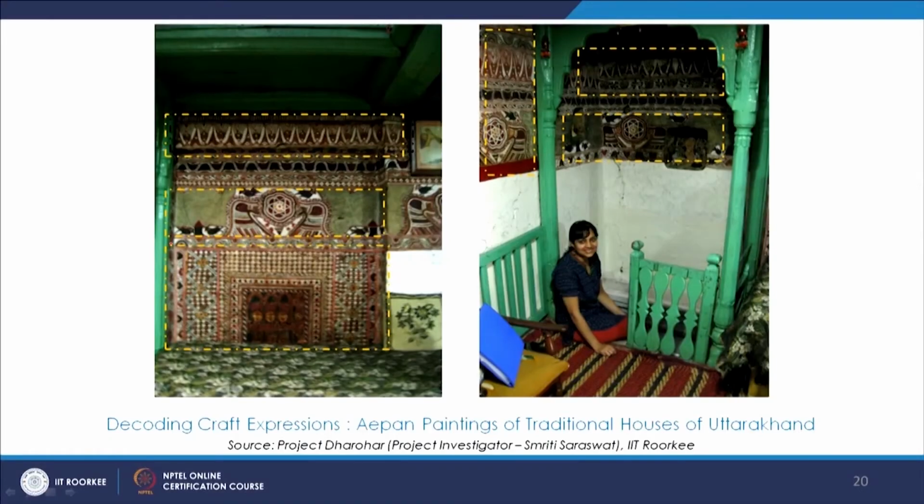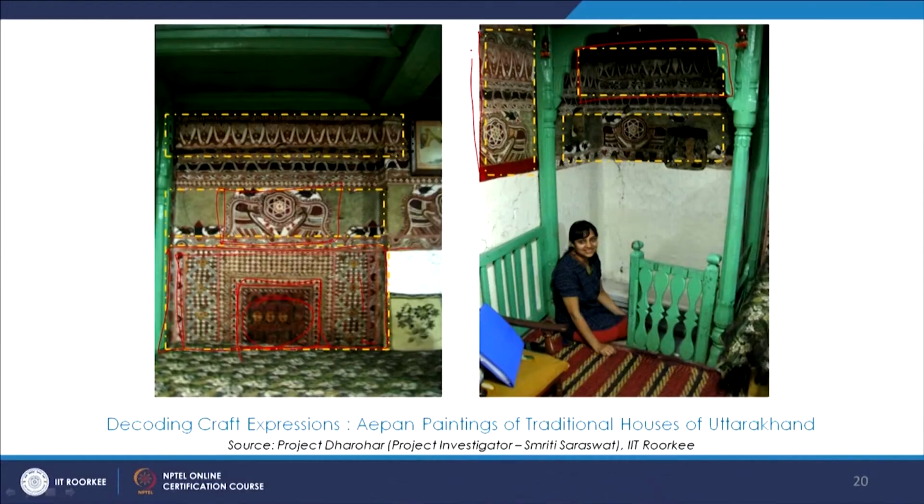Here at the surface, when we see the apron paintings inside the house, the facade of which we just saw, we again see a lot of motifs, and within this also there is an organizing principle and a system: the outer band and then the inner band and then the central geometrica, the four gods and goddesses, and then we see this detail over here. So again there is a sort of system in place why they are put at a certain eye level.